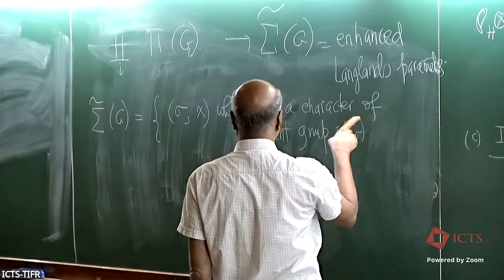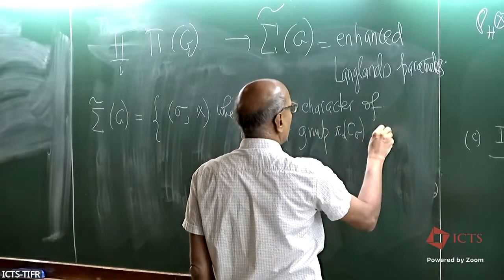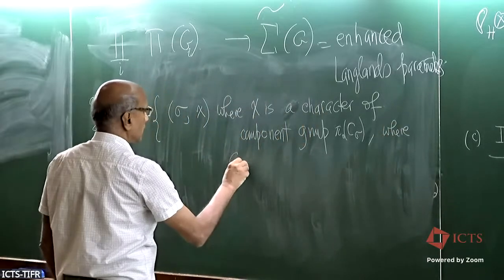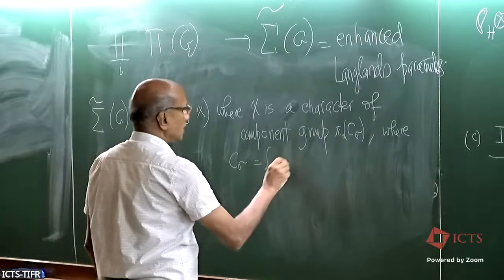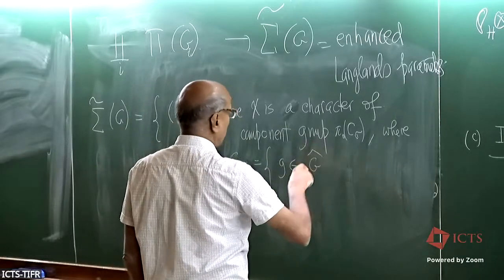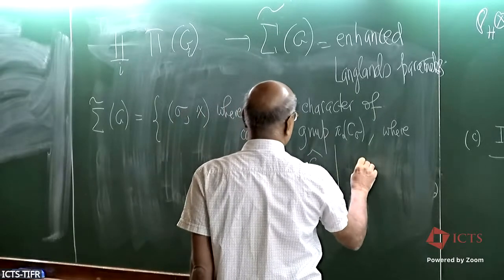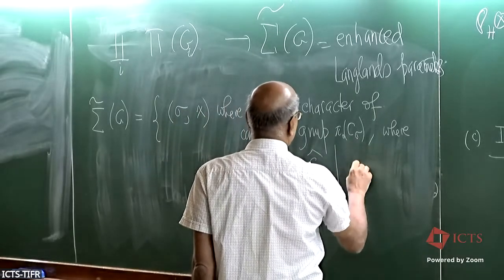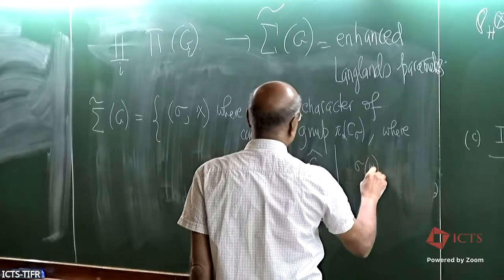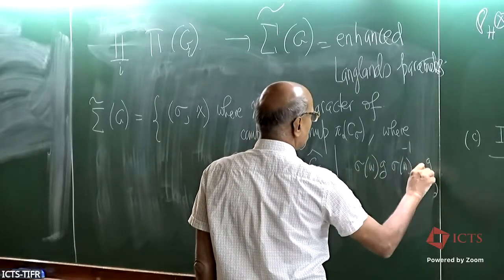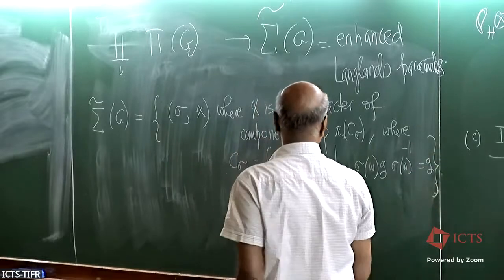Here C_sigma consists of g belonging to G hat, which is the connected component of the L-group, such that sigma(w) g sigma(w) inverse is equal to g. So this is the centralizer of sigma.